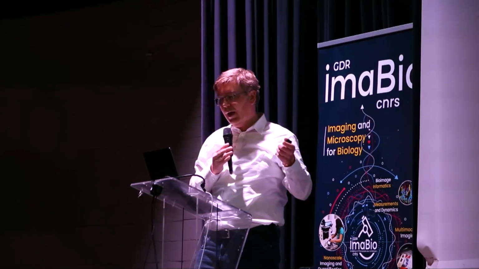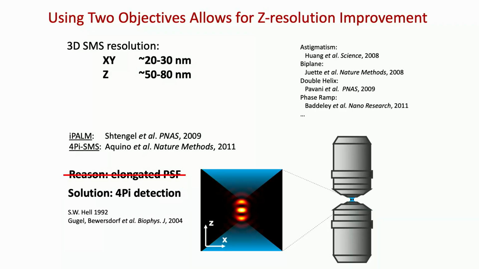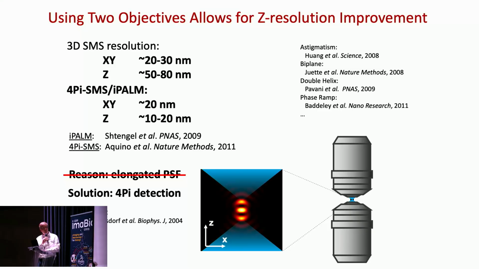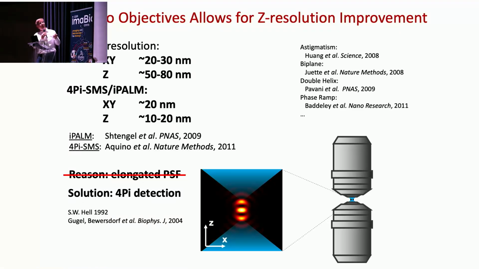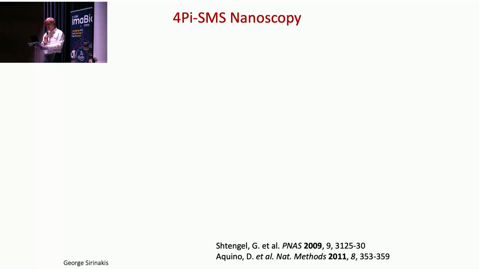And we then built a kind of version 2 of this 4-pi SMS microscope, which I want to show you some data of. The point spread function gets about 5 to 7 times sharper in the axial direction, and that results in a better z localization precision in particular, and we get roughly 20 nanometers or so in all 3 directions, maybe a little bit better. So how does this microscope work? What does it look like?